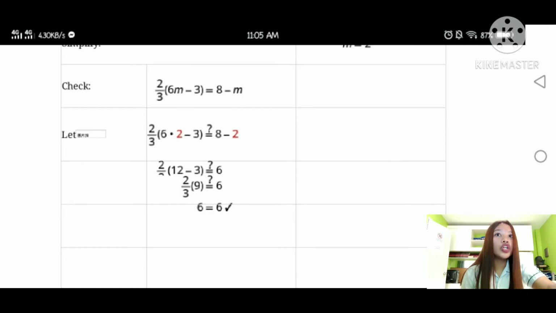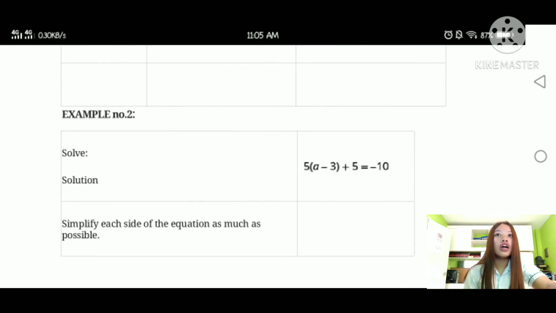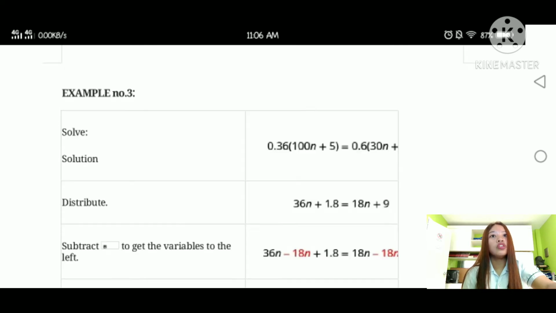Then, 2/3 times 9 is equal to 6. You're going to divide 3 and 9. 9 divided by 3 is equal to 3. And 3 times 2 is equal to 6. So, m equal to 2 is the correct answer. So, there are a lot of examples here. You can solve it on your own.